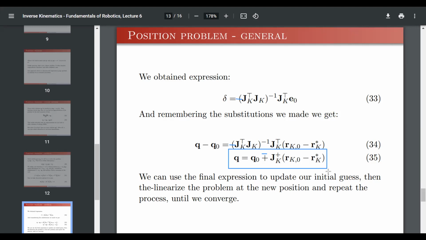And we repeat it like 5, 6, 7 times, and we get close enough to RK star, and we stop. The condition for stopping is very simple here. We can say when this discrepancy here is small enough, then we stop. If we are within 1 millimeter, we can stop. If we are within 2 millimeters, we can stop. This kind of stuff. So we can just directly use how close we are to the solution to decide if we want to stop or not.